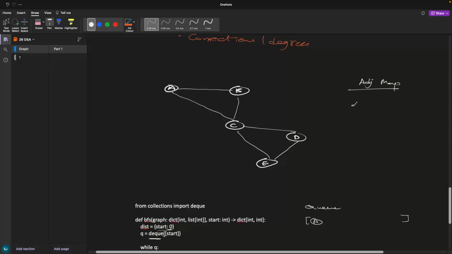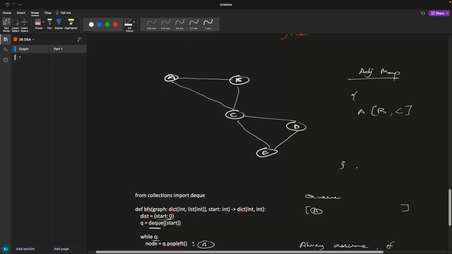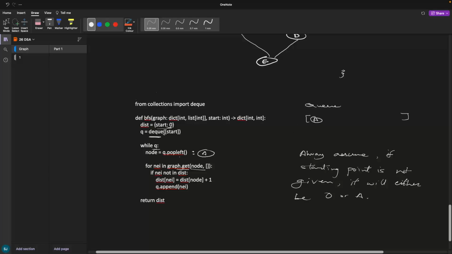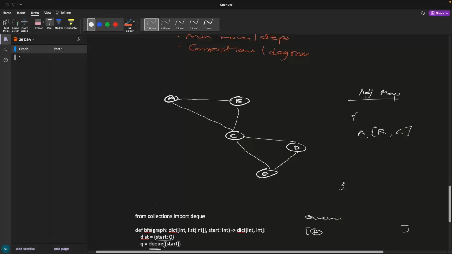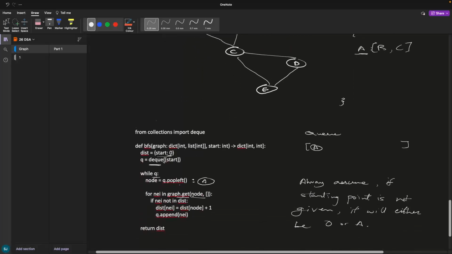हमने बनाया adjacency map. Okay, A कौन सा है? B and C, ठीक है. अभी और आएंगे. Let's just start with this. So now you have your A, okay, for neighbor in graph.get, ठीक है. ग्राफ हमारा ये हुआ, नोड आया A का, ठीक है. ओके, अब so now essentially what we have is this is converted into B and C. So now your neighbor is gonna iterate with this.